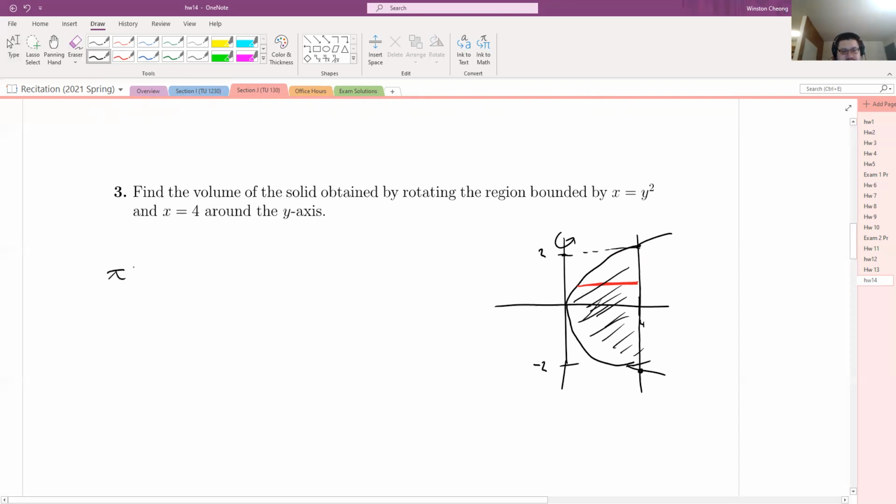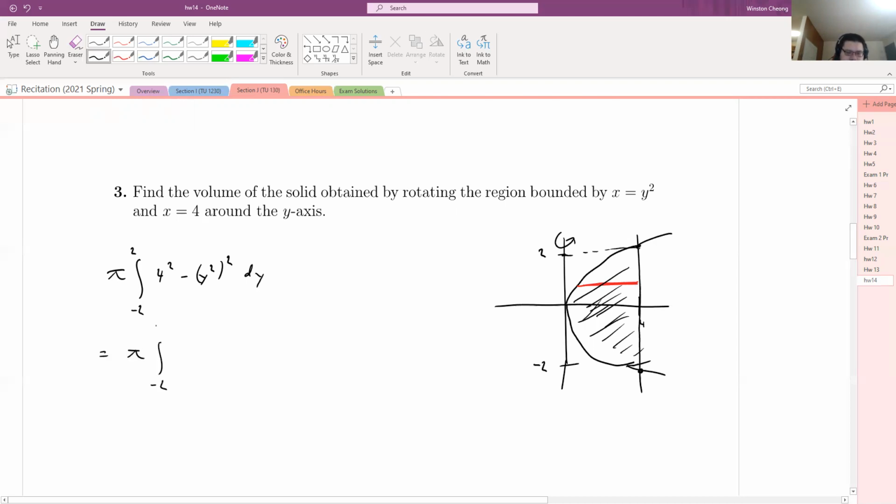And so we still have this pi going from -2 to 2. And it's big radius minus small radius, the big radius being the 4, the small radius being the y squared. And just for redundancy, I'd probably just write it like that, even though we can immediately square that.